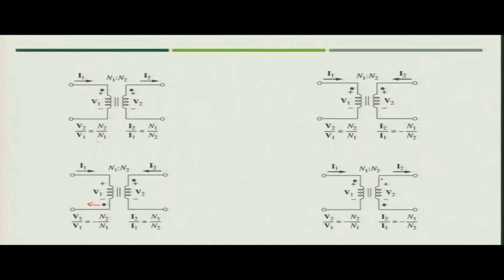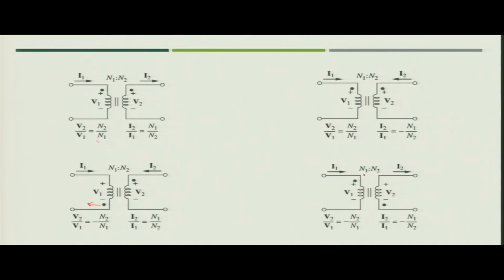Now, in the fourth case, your voltages have the opposite polarity, where V1 is positive at the dotted terminal, while V2 is negative at the dotted terminal. So, we can write V2 by V1 is equal to minus of N2 by N1.